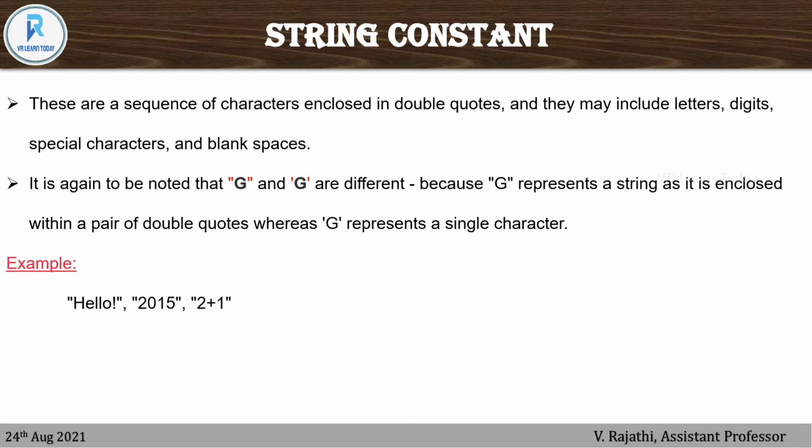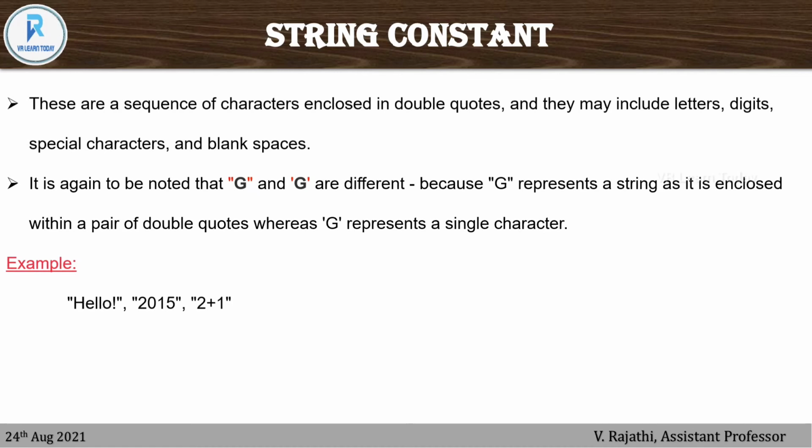Double quoted G is represented as a string, enclosed with a pair of double quotes, whereas single quoted is represented as a single character. If you put anything into double quotes, whether it's a sequence of characters or a single character, it doesn't matter. If it is enclosed with double quotes, it is considered a string.